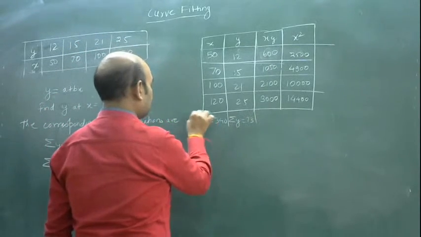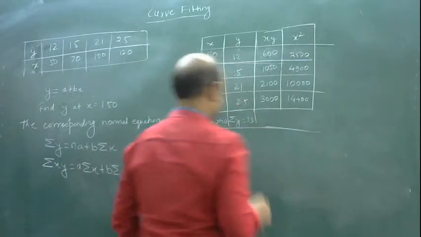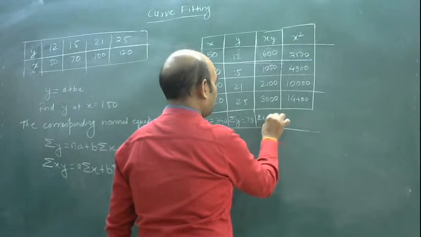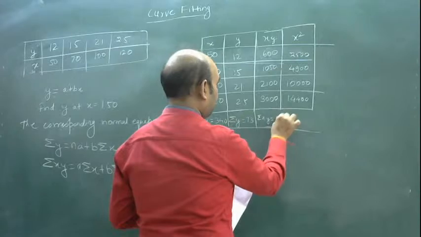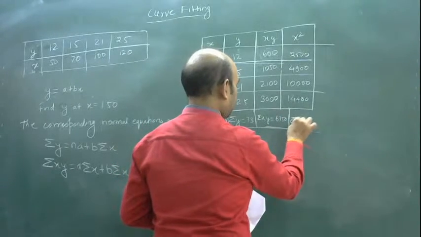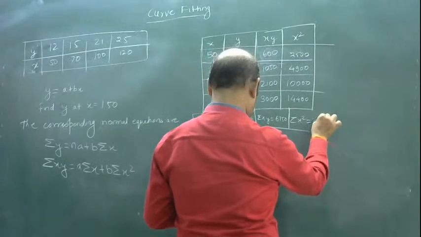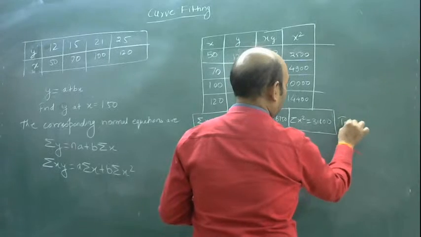So this is your total value. Then summation xy is equal to 6750, and summation x square is equal to 31800. Okay, so this is total value.